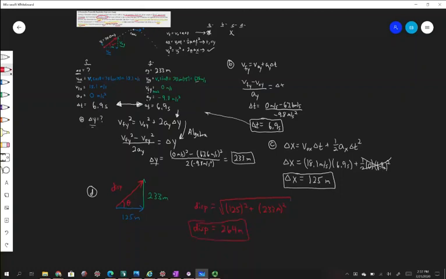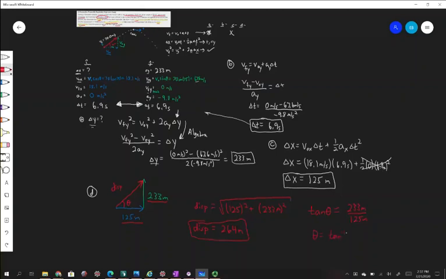And what direction is this displacement going? That's an extra question that they didn't actually ask, but we're going to find it anyways. So we have this triangle. We can pick whatever trig function we want because we now know all sides of this triangle. I'm picking the tangent. The tangent is the opposite side over the adjacent side: 233 meters divided by 125 meters. So if I want theta, I take the arctangent of this.